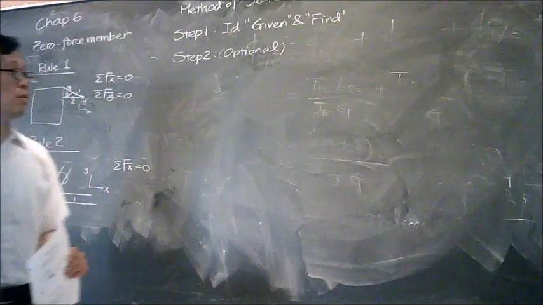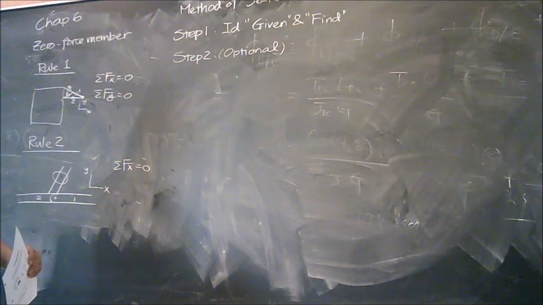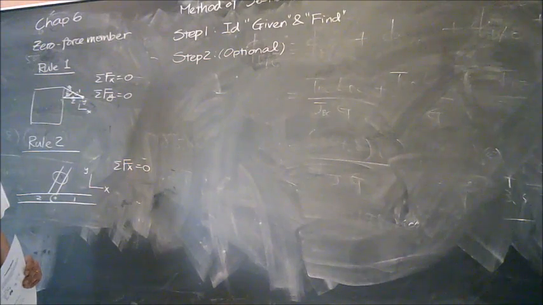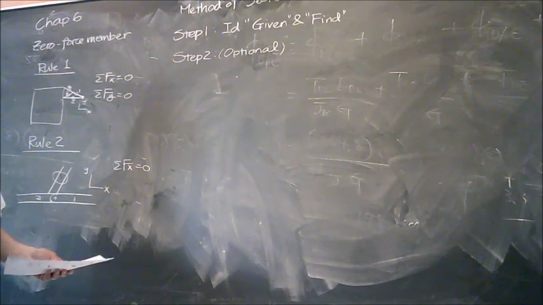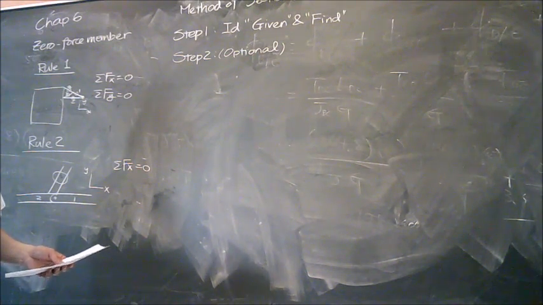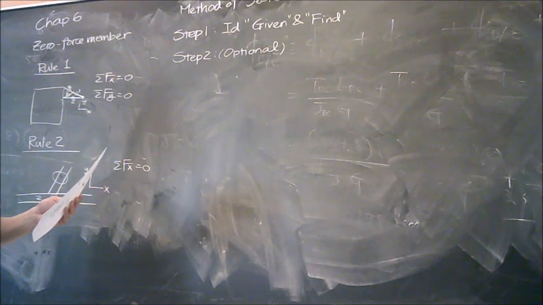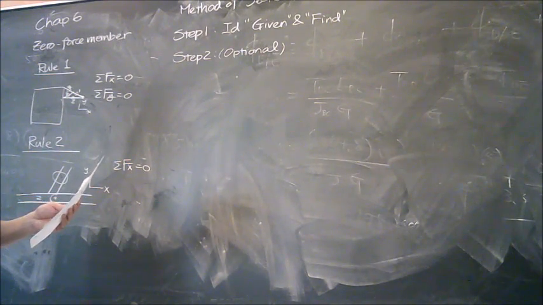Why? Because when I give you a structure, sometimes I'll give you the force applied to a single end. Sometimes I just say, okay, there is a load in the middle, and I don't give you any other information.